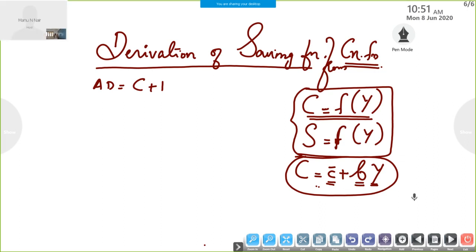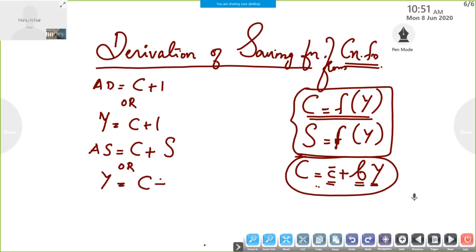Okay, AD is equal to C plus I, or we can write Y is equal to C plus I. Next, related to AS. AS is equal to C plus S, or we can take Y is equal to C plus S.